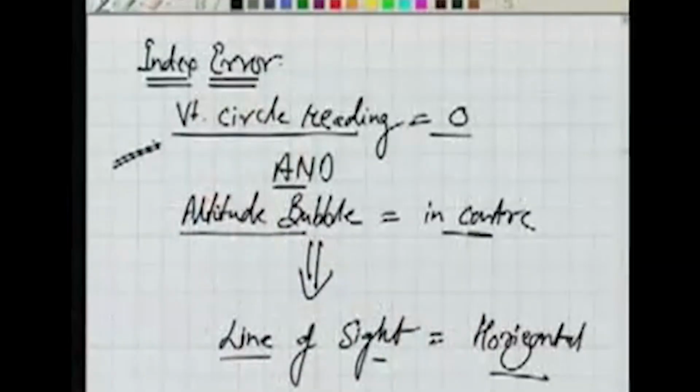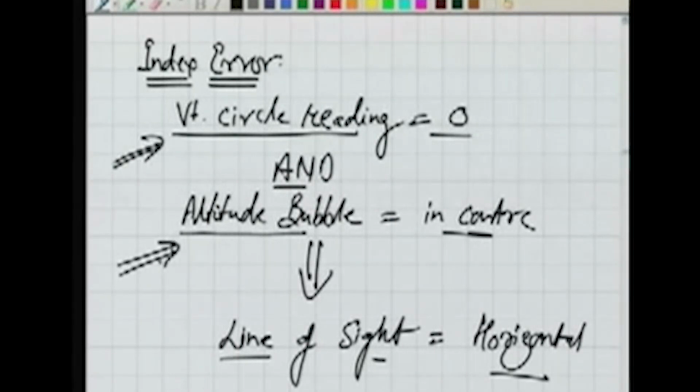If this is not true, for 0 reading of the vertical circle and altitude bubble in center, if this is not horizontal, what will happen? We are measuring our vertical angles not from the horizontal reference, rather from some other reference. So if this is a problem in the instrument, then what will be the effect? It will start introducing some error in our vertical angle measurements.